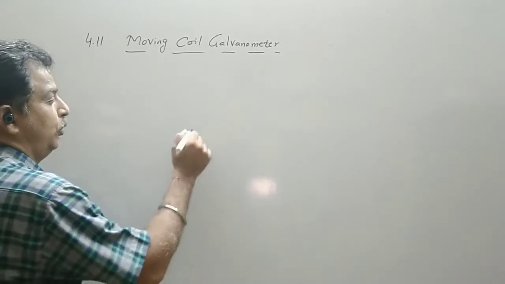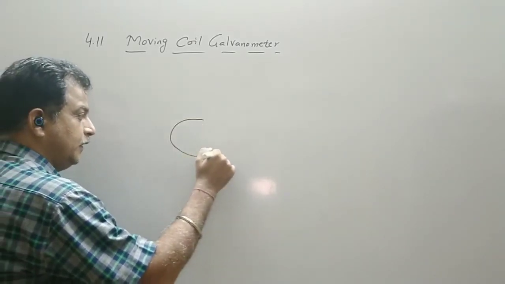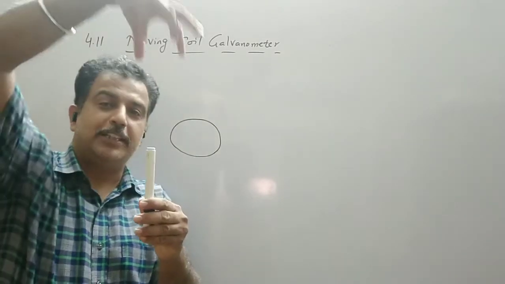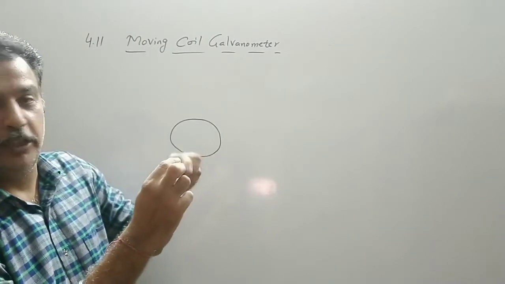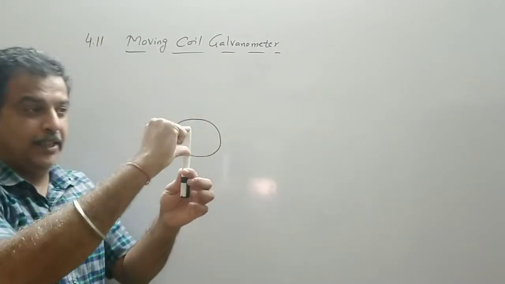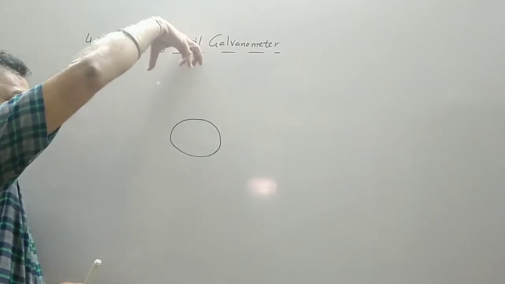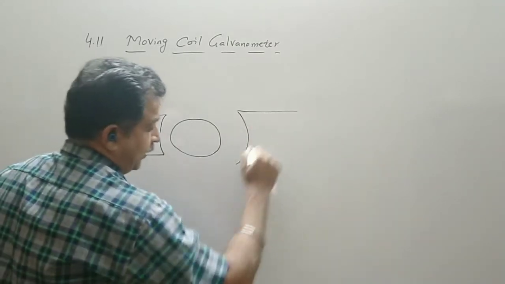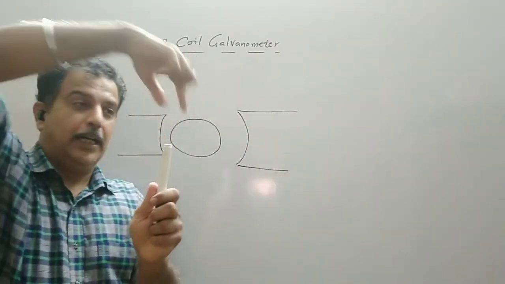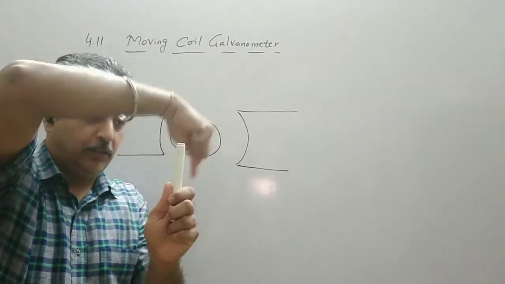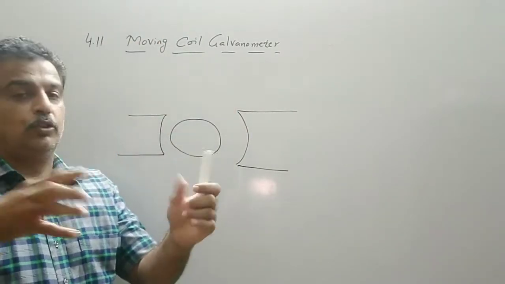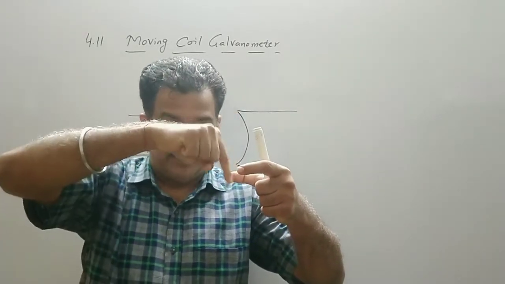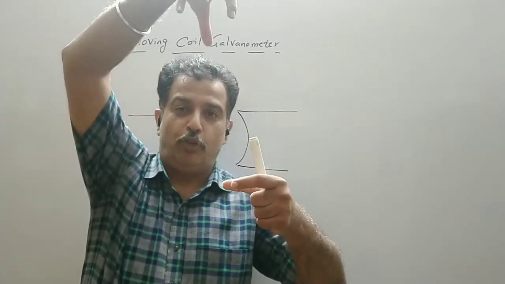Now in the top view, this is the circle. It is not actually a circle, it is our soft iron core seen from the top. So you will see only this circle. It is going downward, it is a soft iron core, but we are viewing from the top. This is your cylindrical magnet. Again, if I see it from the top, I will see only a semicircle. So this will be the semicircle. This is the North Pole and this is the South Pole. It was in the form of a cylinder like this. You are viewing from the top.